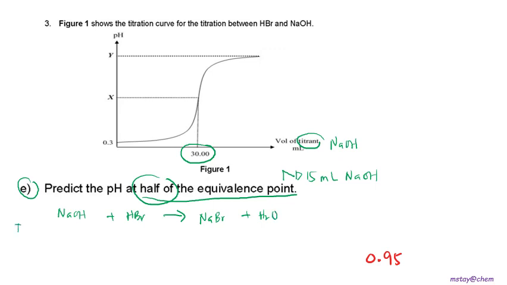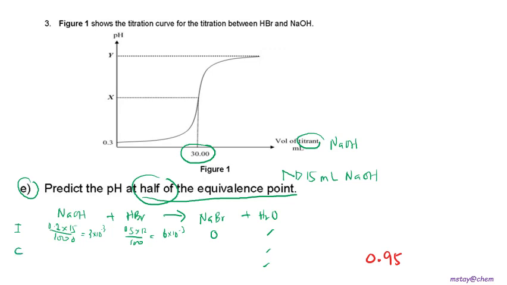So we consider that initially, there are only 0.2 times 15 ml divided by 1000, which is 3 exponent negative 3 mole of NaOH. For the number of mole of HBr, it will be 0.5 times 12 ml divided by 1000, equal to 6 exponent negative 3. There is no NaBr and also water.